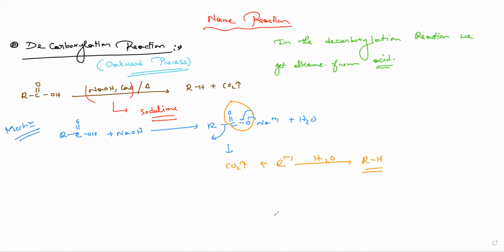Okay. Now when R minus is present, R minus has possibility for internal attack.